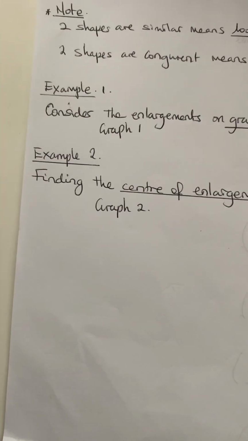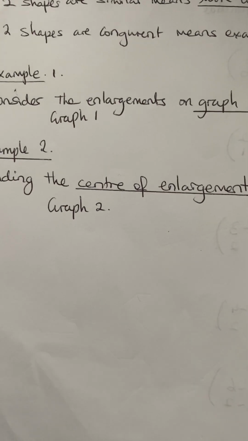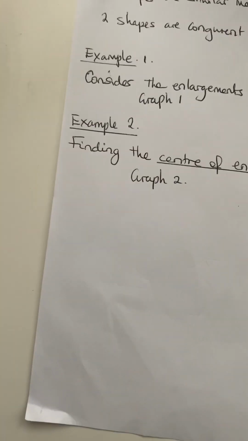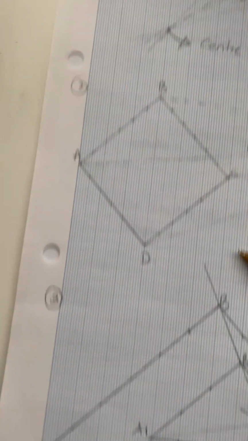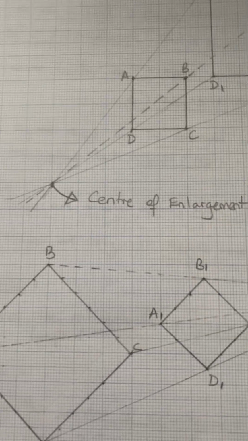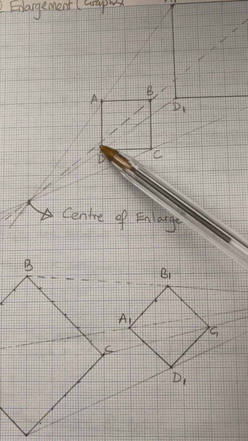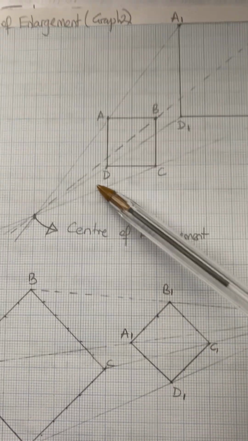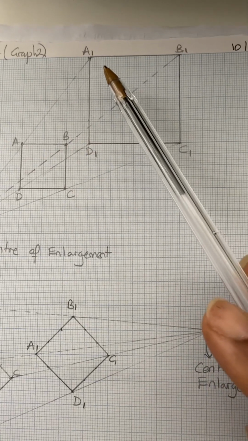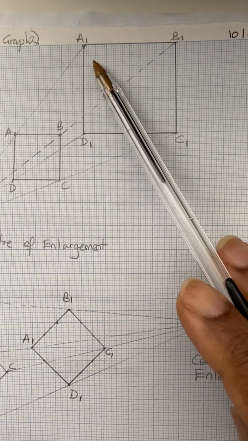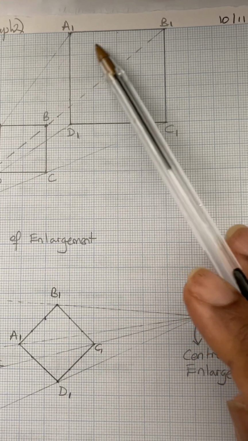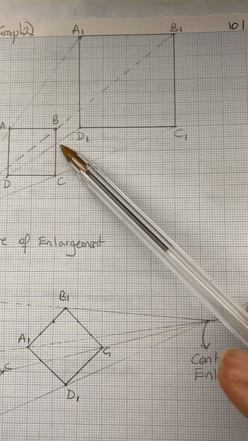Now, the second example I have for you, assuming you are asked to find the center of enlargement. So here again, I have this graph to show you. So I didn't bring the coordinate, I just drew it out. Okay, so assuming this is your object A, B, C, D, and that's also your new image A1, B1, C1, D1.